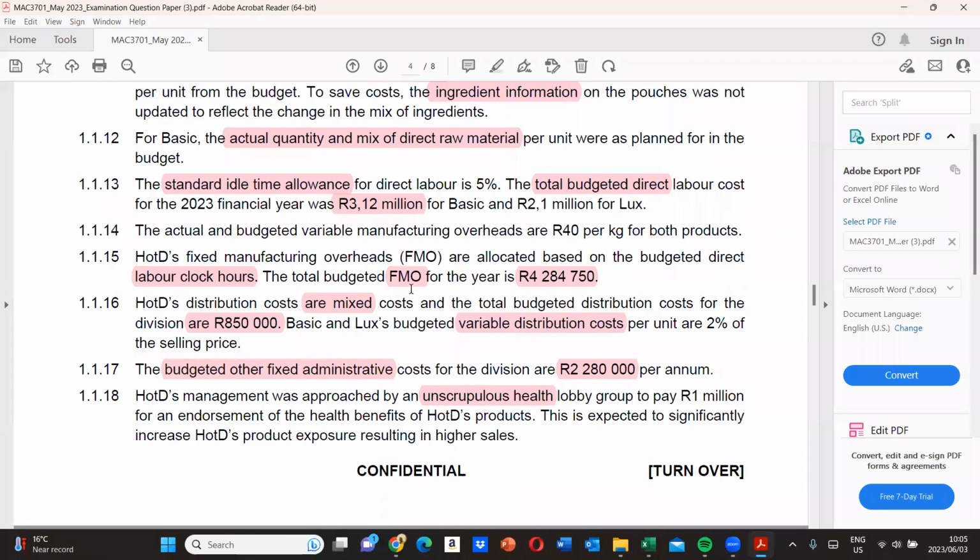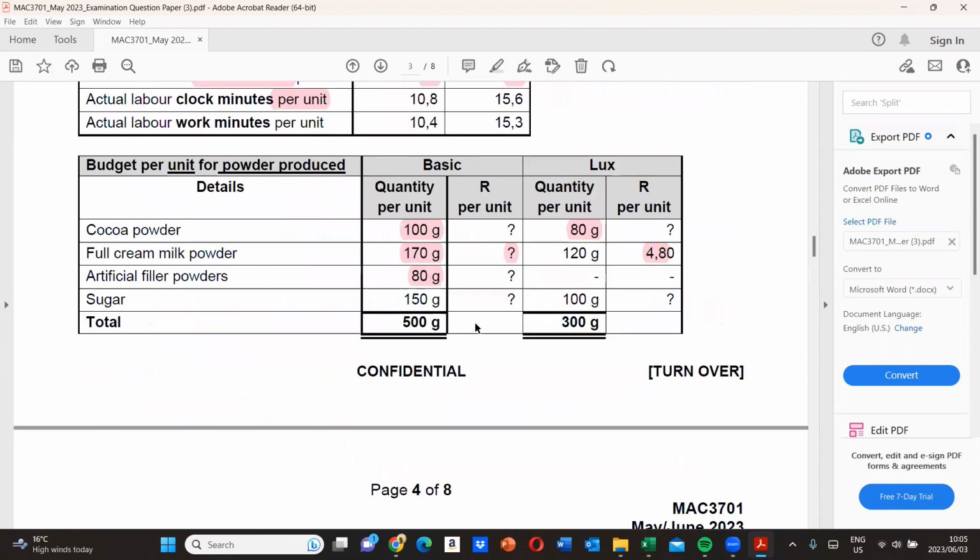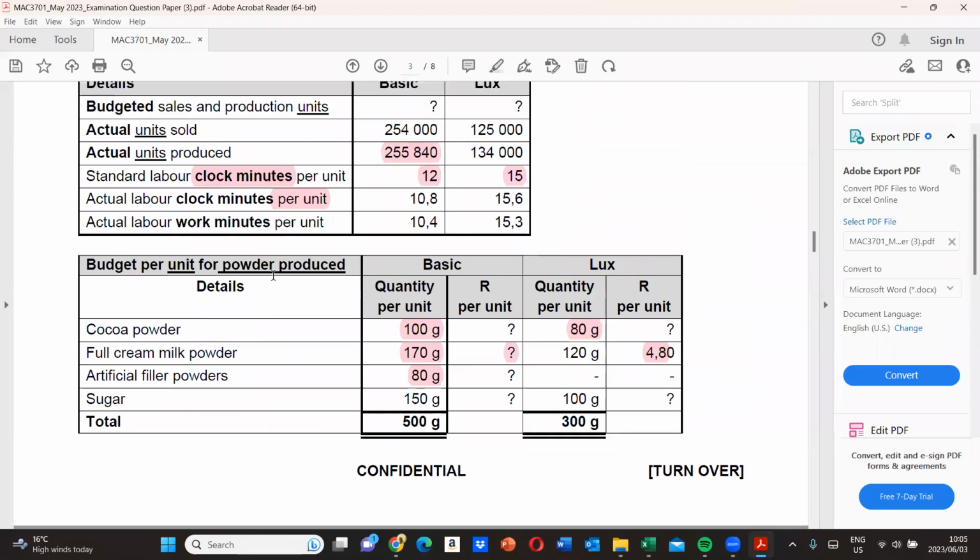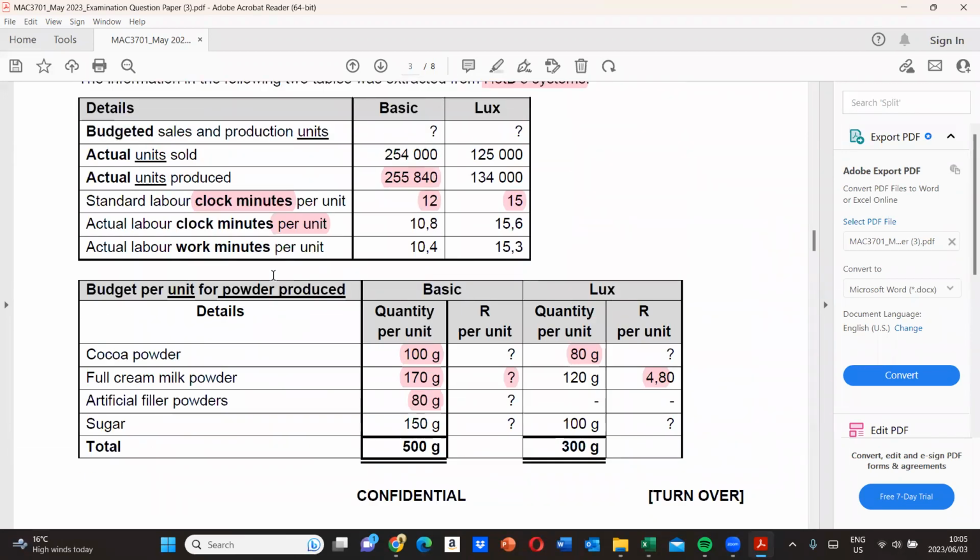So we have distribution. Where is variable manufacturing? The actual budgeted variable manufacturing cost is 40 Rand per kg for both products. So how many kgs, or how many units do we have in regards to each product?